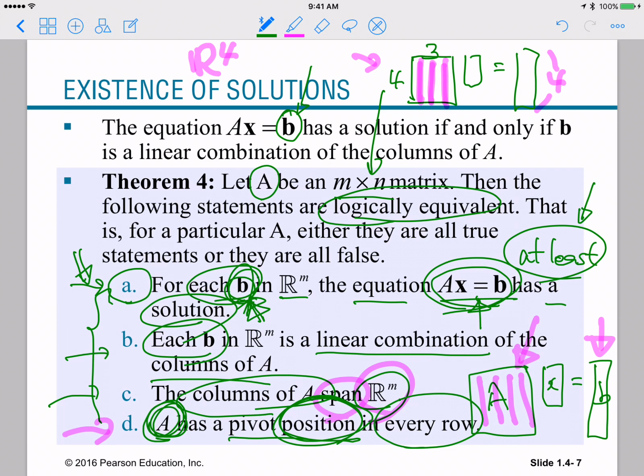Okay, then from the vector equation, we know that when the solution exists, it is the same as every vector b being represented as a linear combination of the columns of A, right?